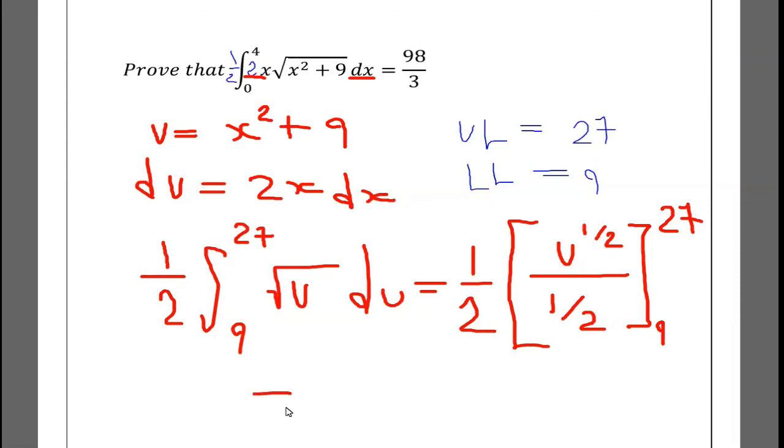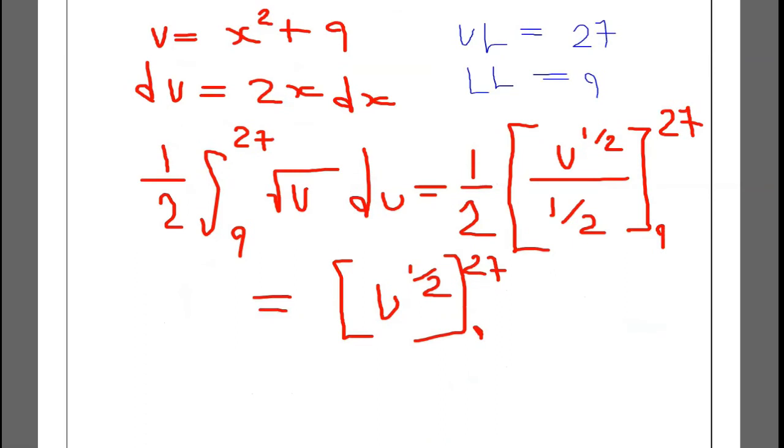So all of this is really working out to be u to the half, going from 9 to 27. So let's see what we are getting now. We should get 98 over 3.